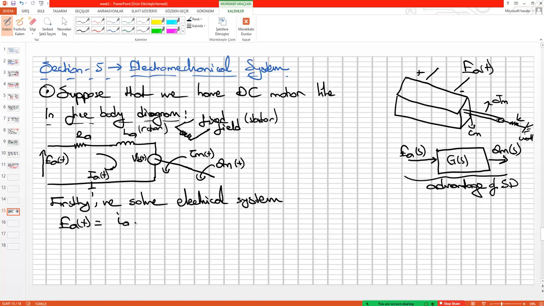And so i_a(t) times Ra must be considered. This is the heat energy consumed in this system. And then we have the inductance value. Just remember that we have the inductance and i_a(t) in the relation of these terms, La di_a/dt. And then we have also the v_b(t) value, okay?